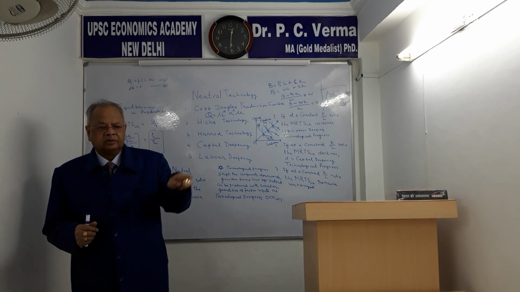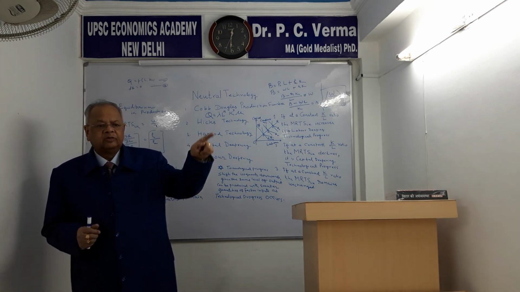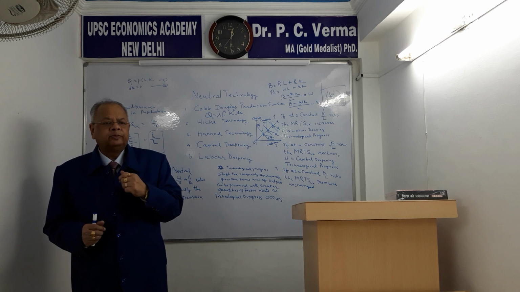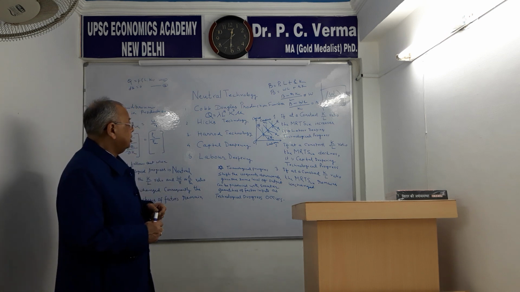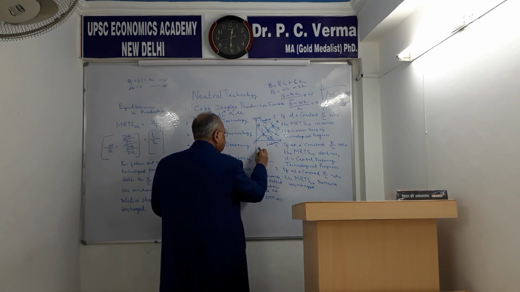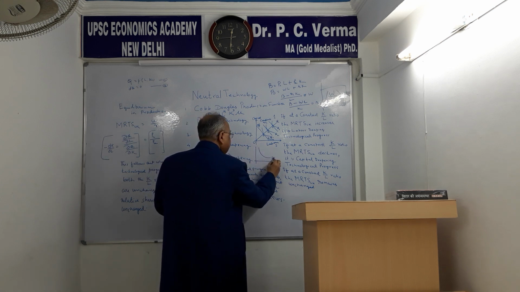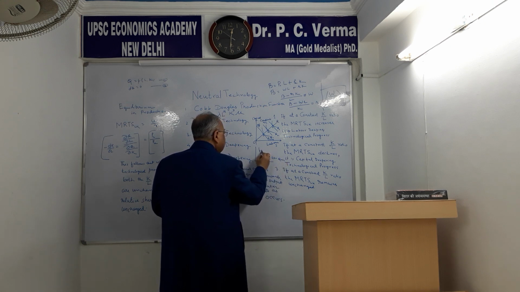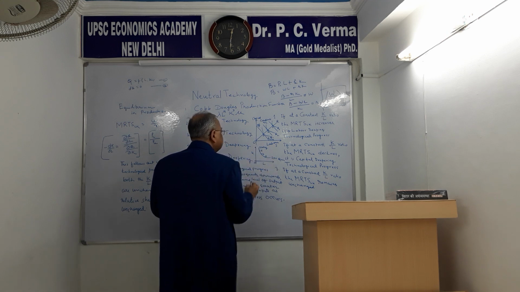So the curve is a downward sloping curve, convex to the origin, with negative slope, like this. This is the isoquant. A, B, C, each one is 100 kg. Different quantities of labor and capital are used.